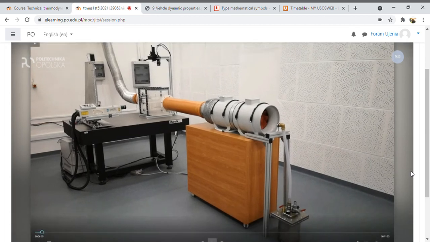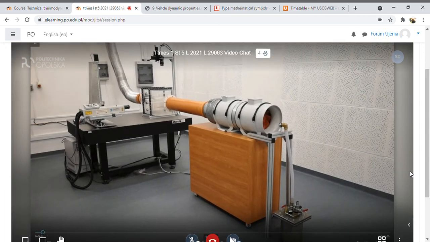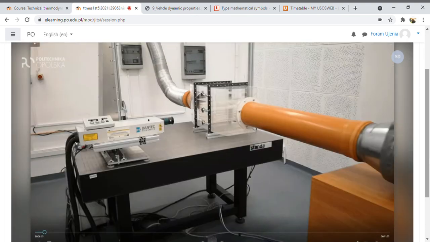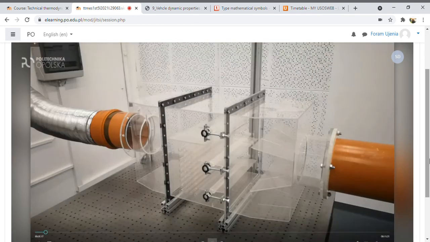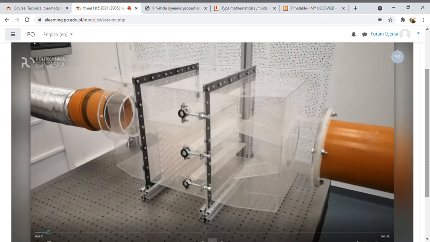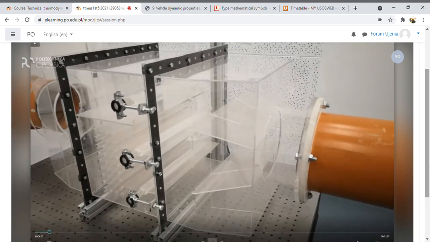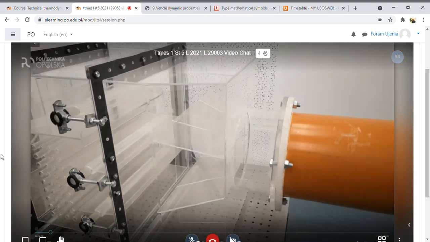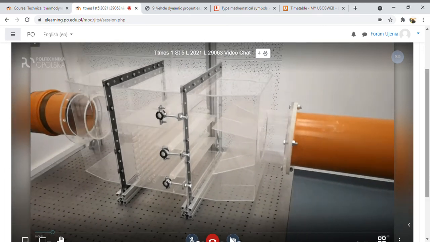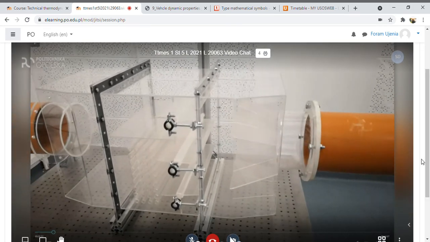In our case, we make some measurement with a heat exchanger. This is a typical heat exchanger for a gas solution.